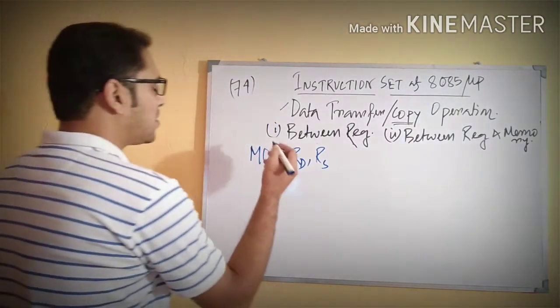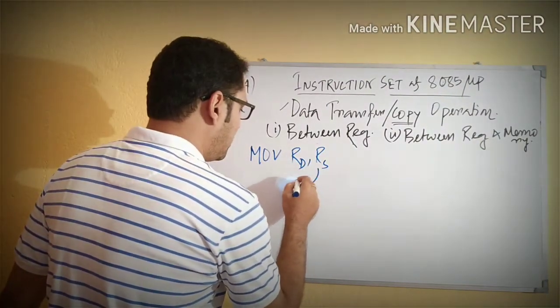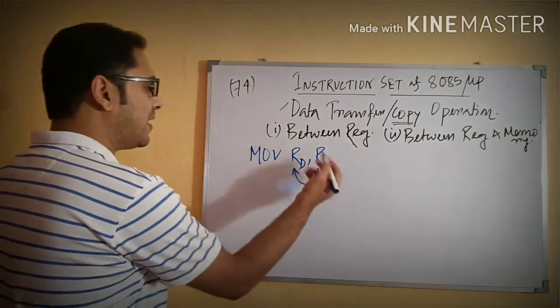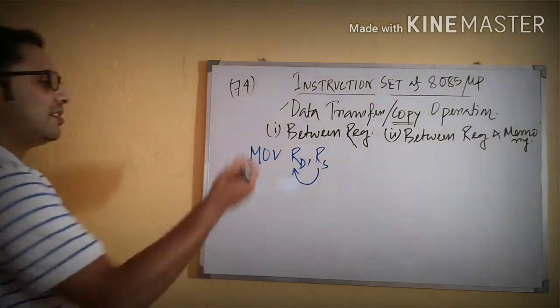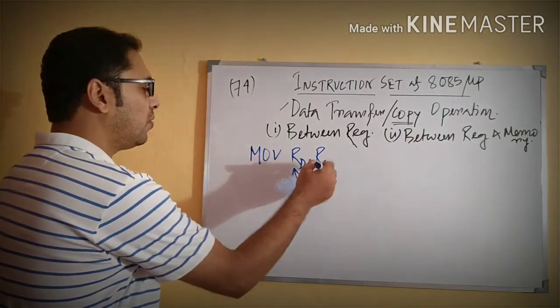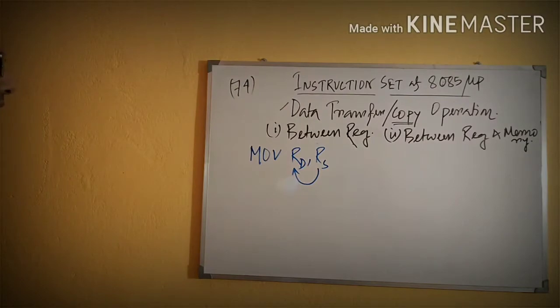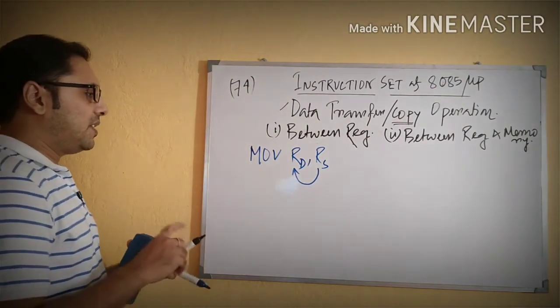MOV RD, RS. So that means data will be copied from RS register to RD register. Means the content of this register will be copied into this register. Clear?